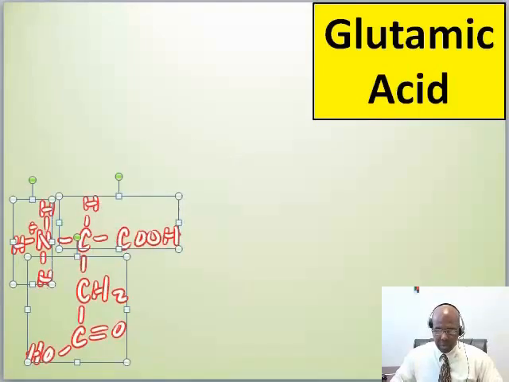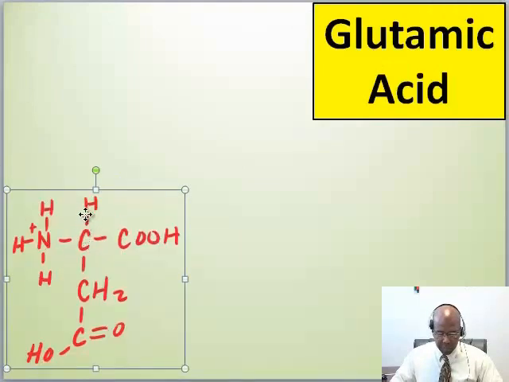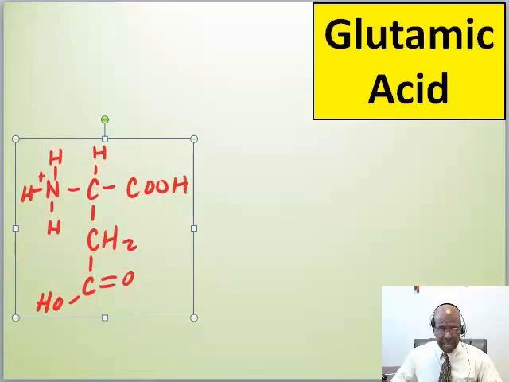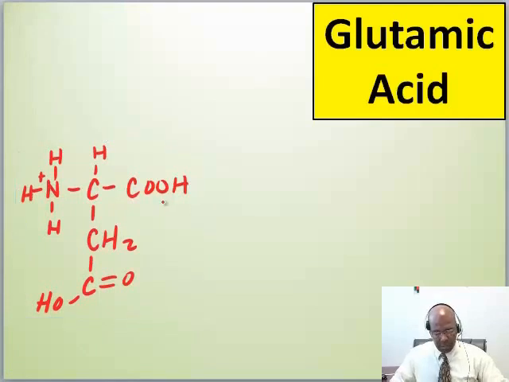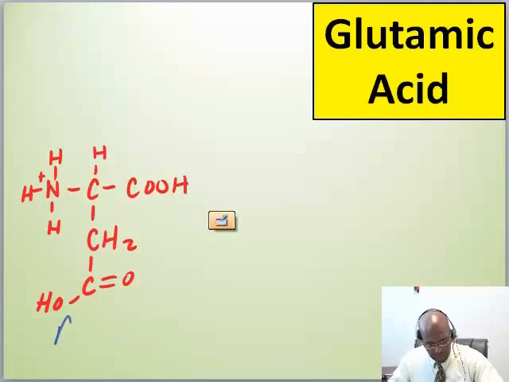So I'm going to group all of this together here, make one big unit out of all of this. So this is our amino acid. This is aspartic acid here. So now, what do we have to do to turn aspartic acid? I'm going to put under here ASP. So this is aspartic acid.